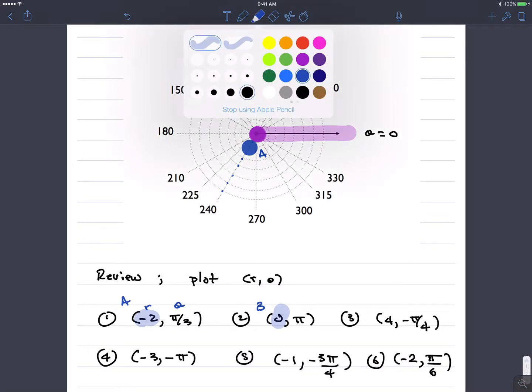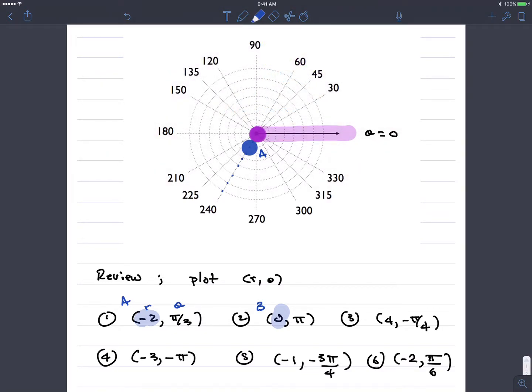So I'm going to rotate pi, 180. And then my radius is actually 0. So what does that mean if the radius is 0? Yeah, just stay where you're at. Don't even move. Where are you going to be? Right at the pole. So we're going to say here then, this is the location of point B. Okay?